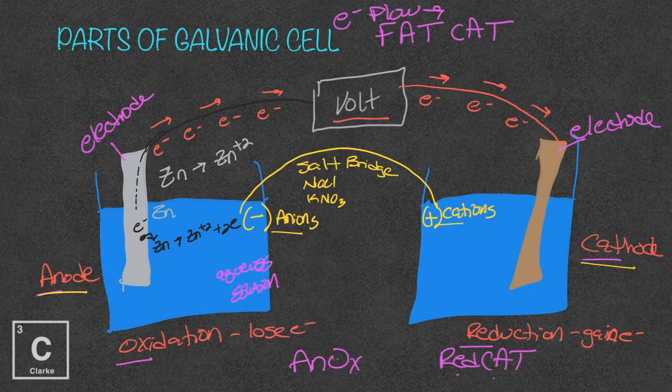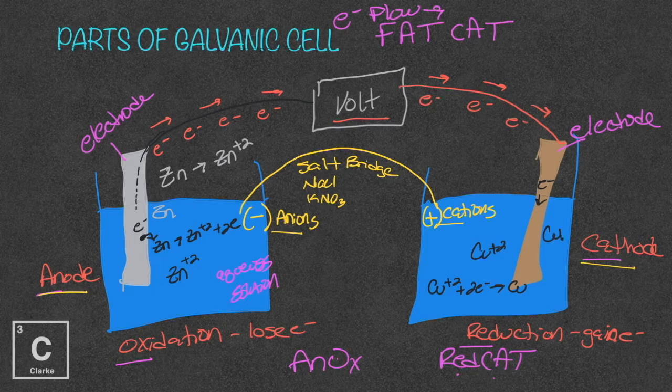What's left swimming around in our aqueous solution is just this zinc ion. Then on the other side, when the electrons come in and hit this solution, there are a lot of copper ions hanging out. So our copper ion is going to grab 2 electrons and form copper, which is what this electrode is.